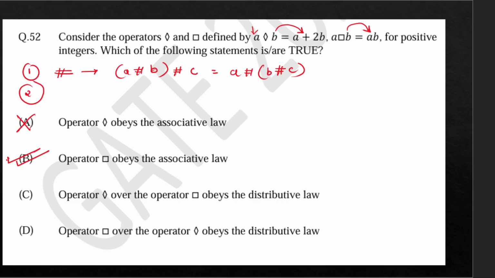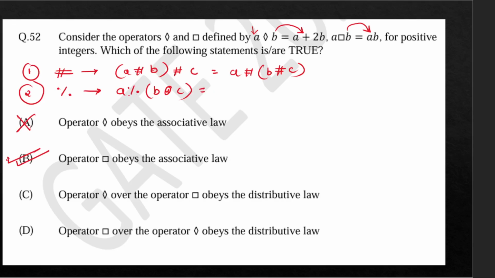Distributive law means whenever we have this percent symbol and it is distributed over the @ symbol. I will explain how. See, a percent (b @ c). It is like this. How is it distributed?